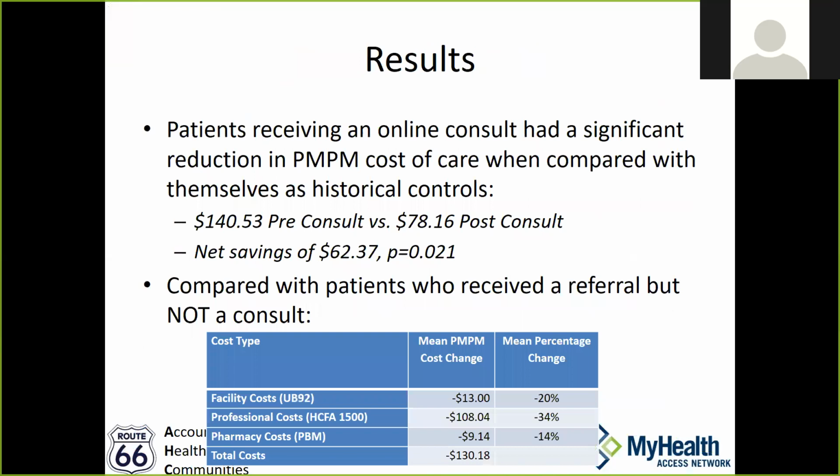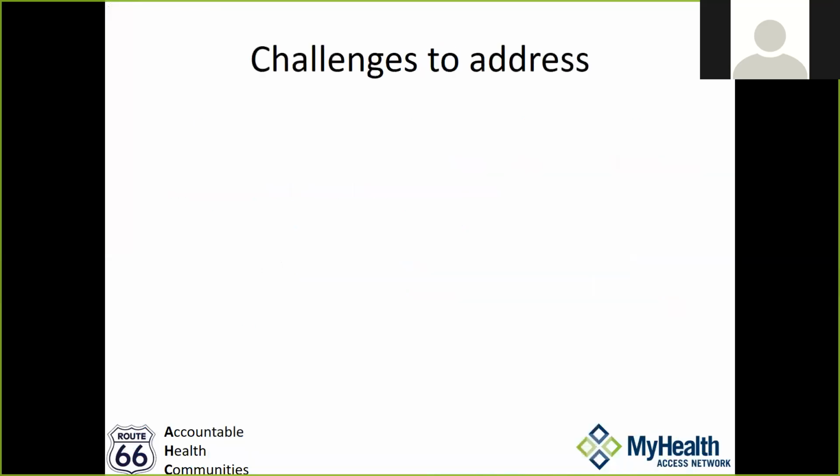It allowed the two parties to have a consultation about what to do with this patient or family before the referral happened. And what we showed was, in the healthcare world, $130 per patient per month savings were generated by having those electronic consultations, so that the navigator could basically triage and work out a plan across several agencies at once.